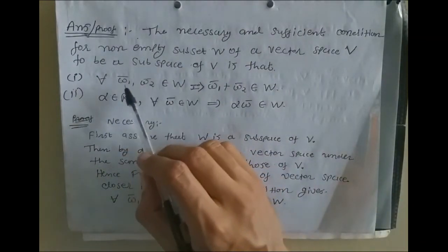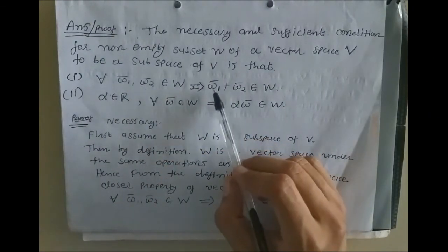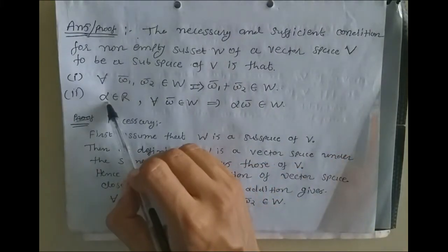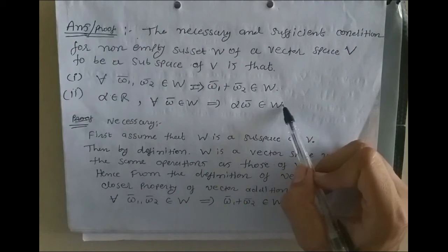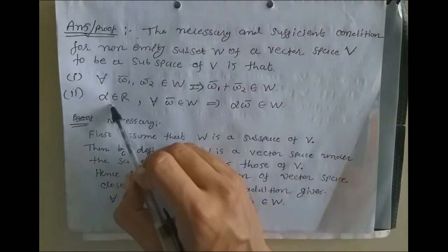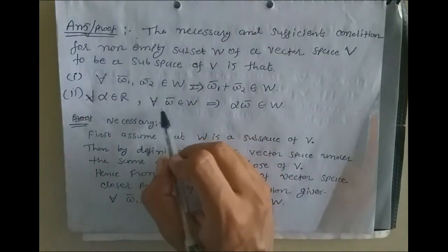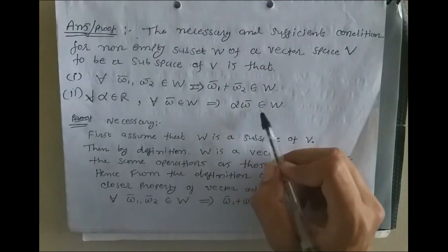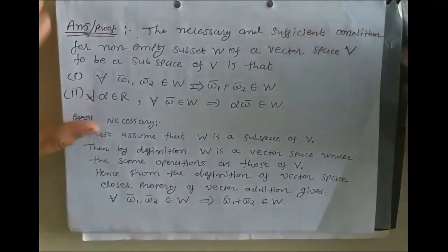That means for all W1, W2 belongs to W, the vector addition W1 plus W2 belongs to W. And second condition is W is closed under scalar multiplication. That means for all alpha belongs to R and for all W bar belongs to W, we have alpha dot W bar belongs to W. Our aim is to prove this statement.